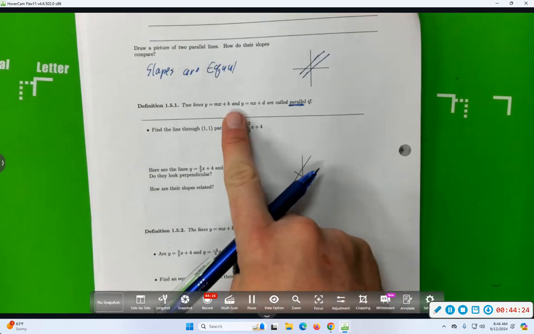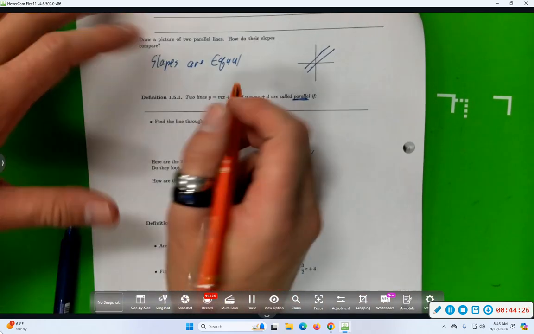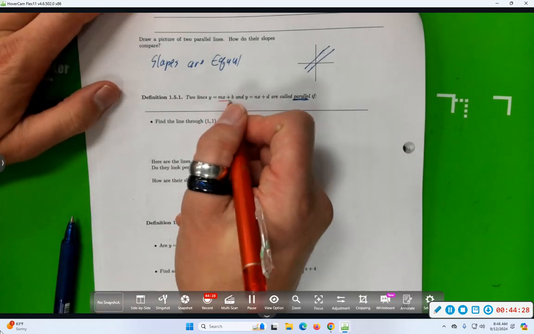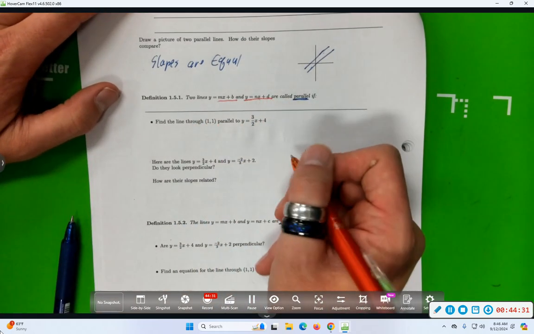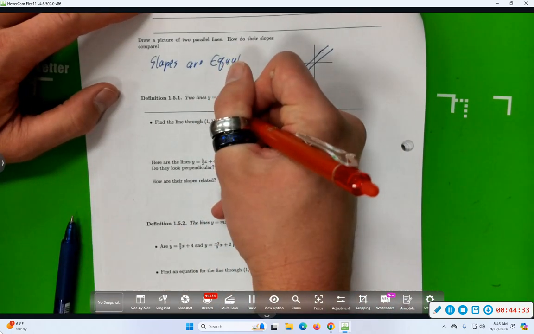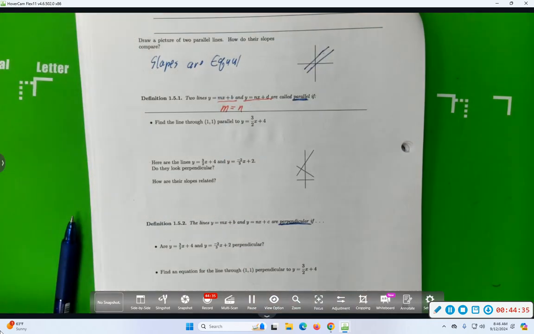So that means if I give you 2 lines in slope-intercept form, y equals mx plus b, y equals nx plus d, they're parallel if their slopes are the same. That seem pretty okay? So let's use this to do some things. Find me a line that goes through (1, 1), which is parallel to y equals 3/2 x plus 4.